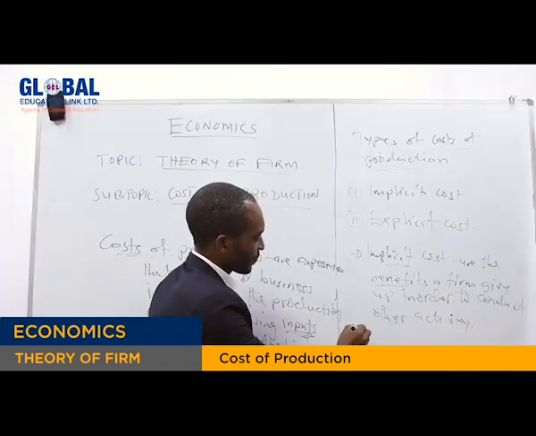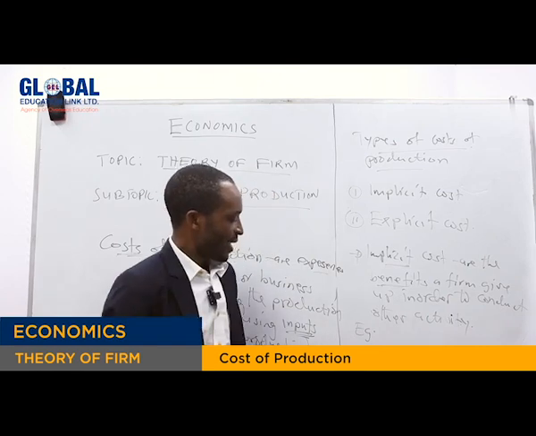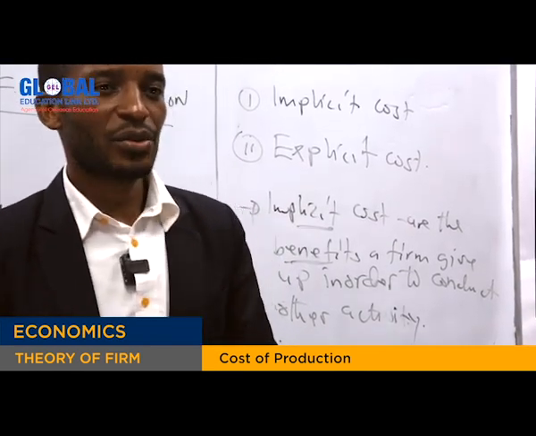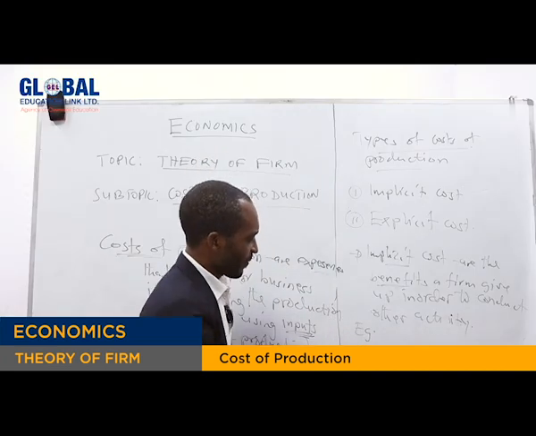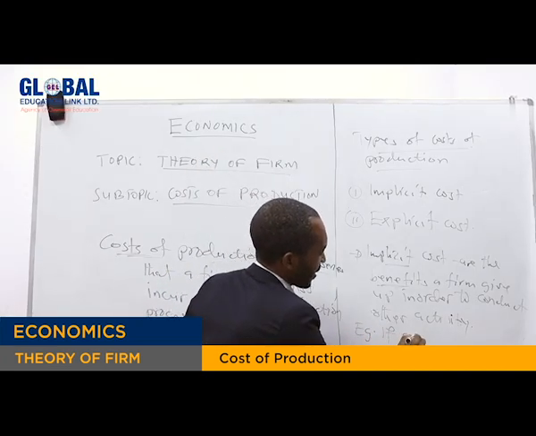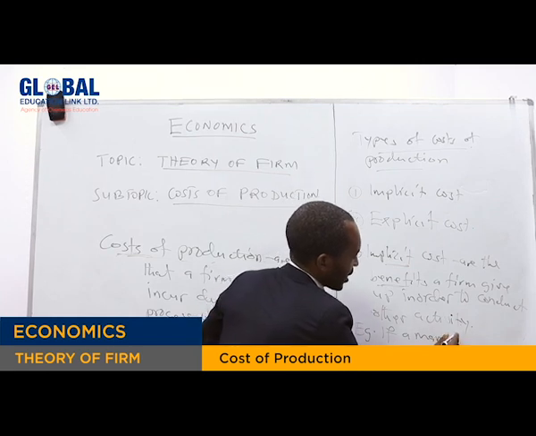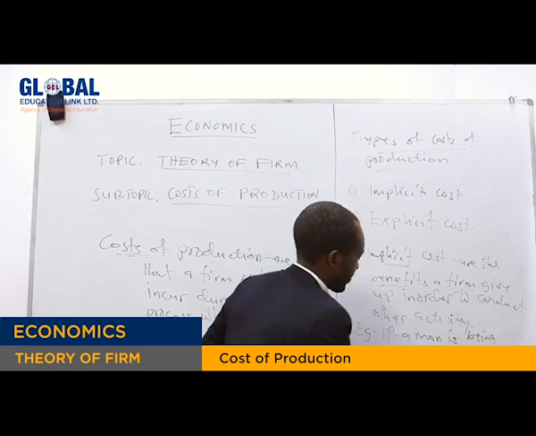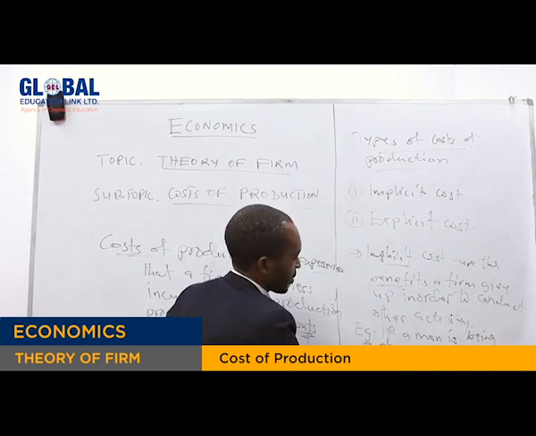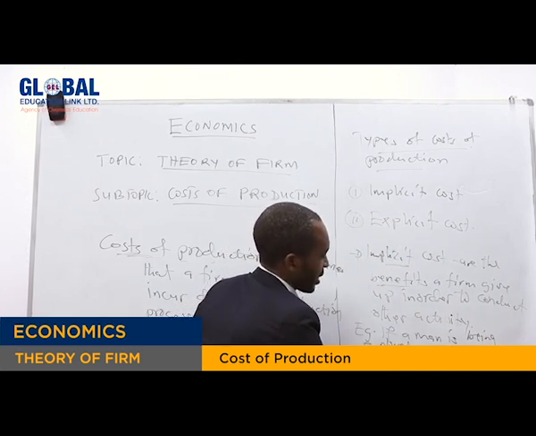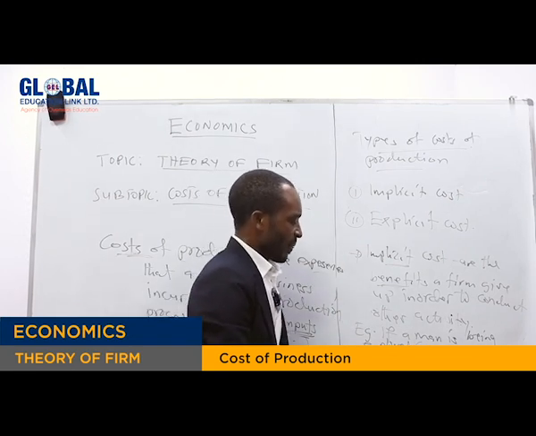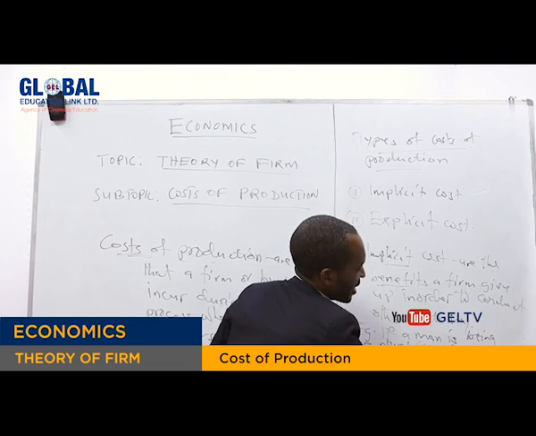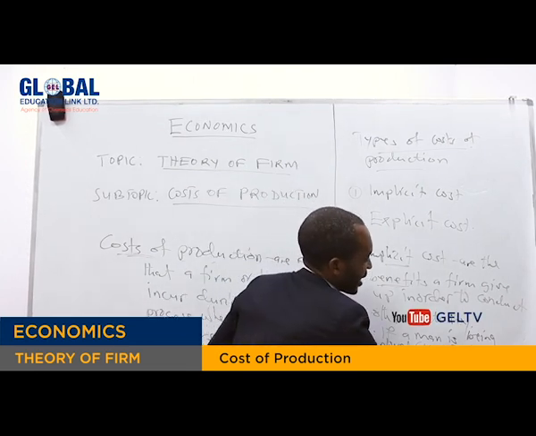And the example, let us assume a man can be either employed or decide to do his own activity. Now, if a man is being employed, he will earn a wage of 700,000.